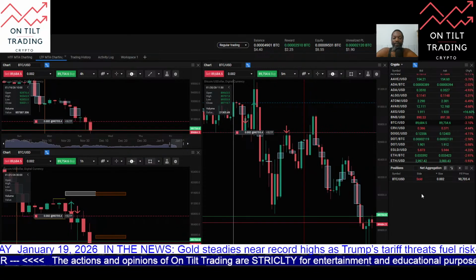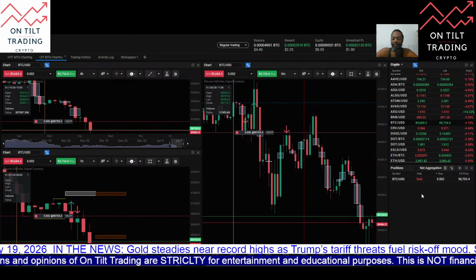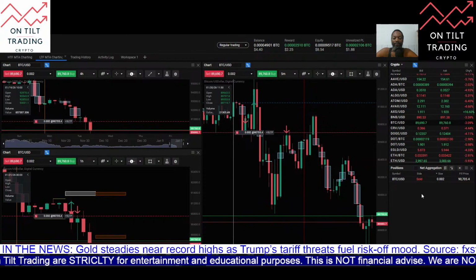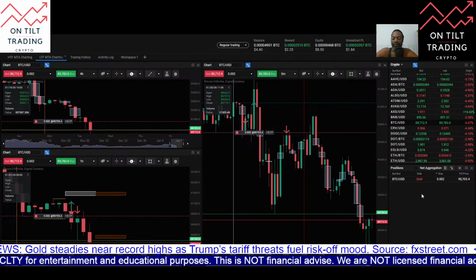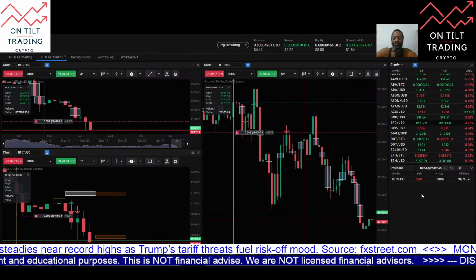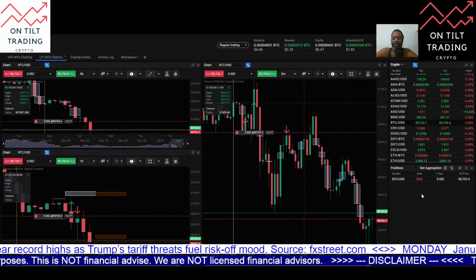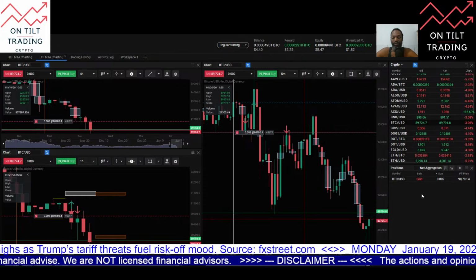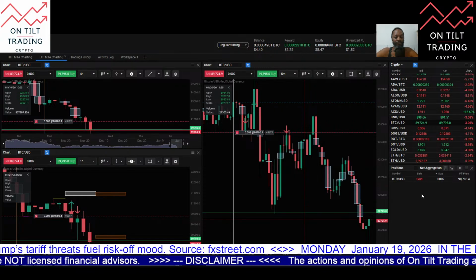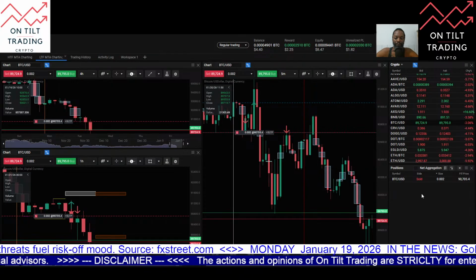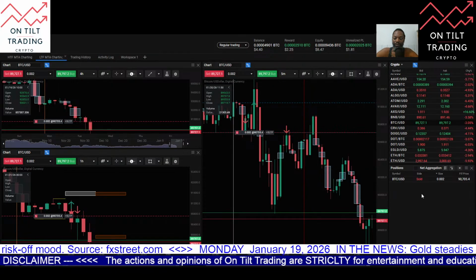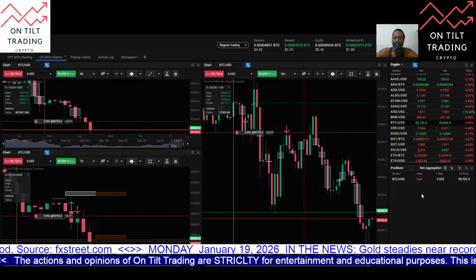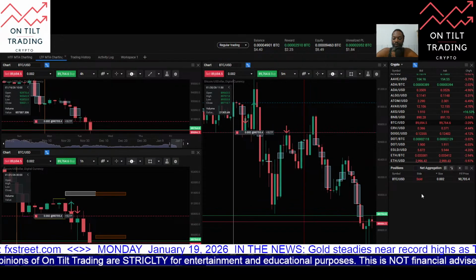So here on the 5-minute, I like to use the 5-minute because I find that I read price action much better on the 5-minute chart. But when it comes to structure, I do not use the 5-minute chart for structure. At a minimum, the 15-minute chart, but I prefer the 60-minute chart. But for price action, the 5-minute chart works best for me.